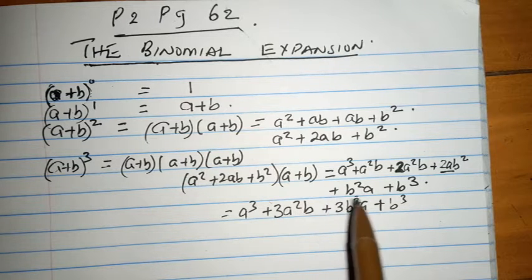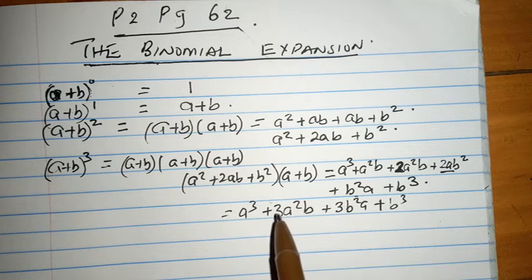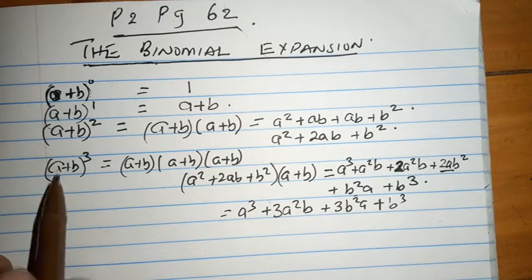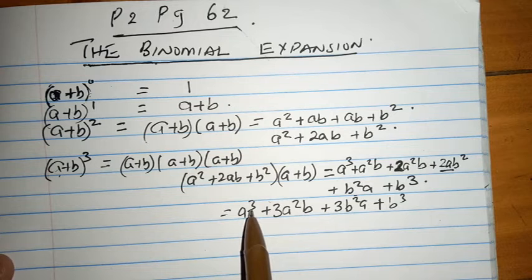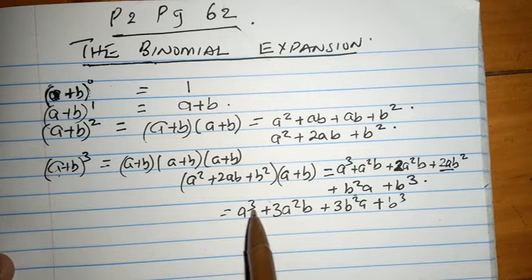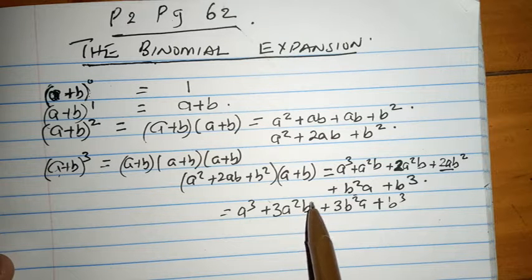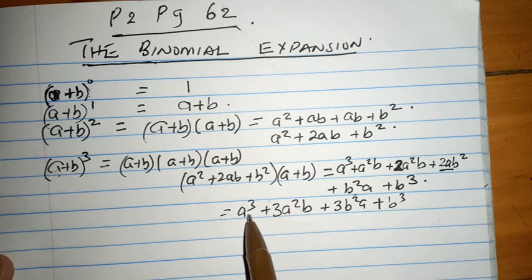And I want us to study the behavior of the indices. The first term has the highest index, that is a cubed. When we get down, a reduces its index and b starts coming up. In this particular term, b was having an index of 0.